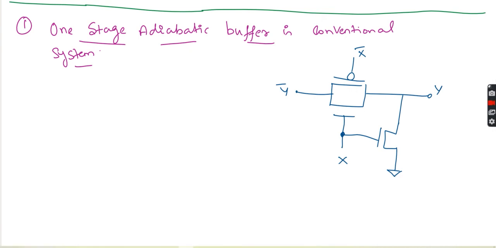So here we will have the capacitor. Even here also we have the capacitor. This will be your load capacitance, output to output, and this also will be load capacitance only, because we are connecting the input over here.